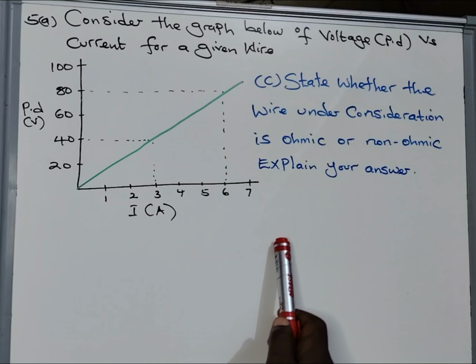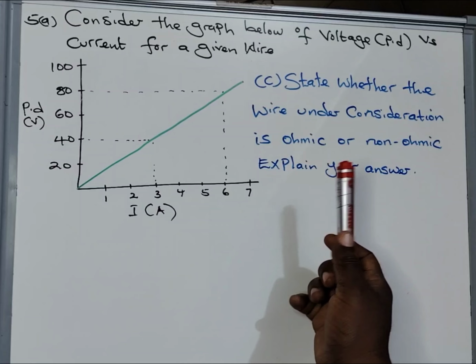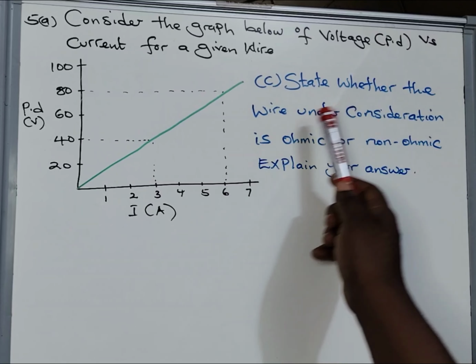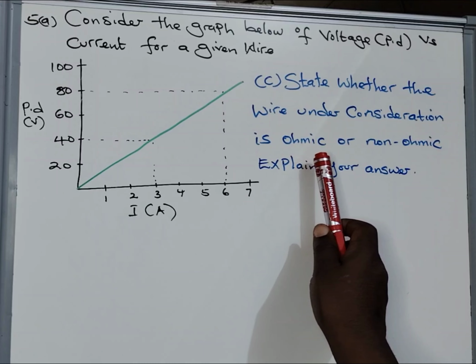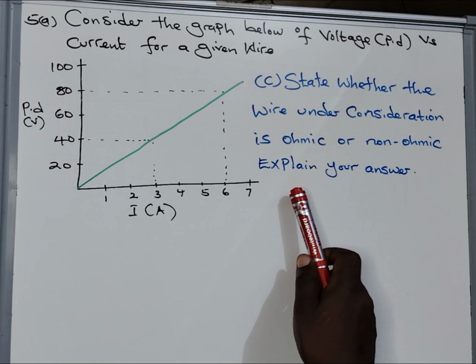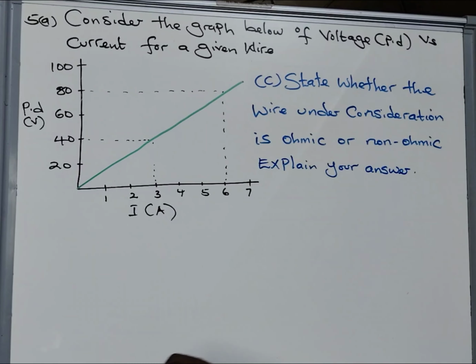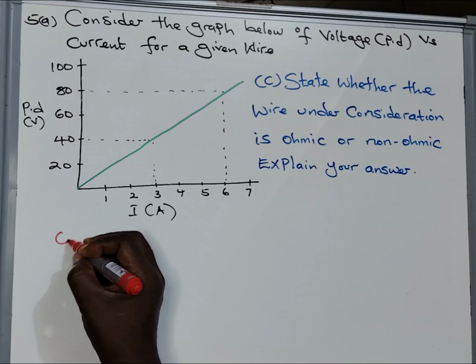Then comes this question. It says, state whether the wire under consideration is ohmic or non-ohmic. Explain your answer. The wire we are looking at, is it ohmic or non-ohmic? The answer is ohmic.